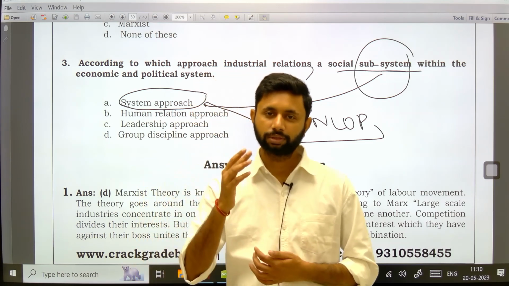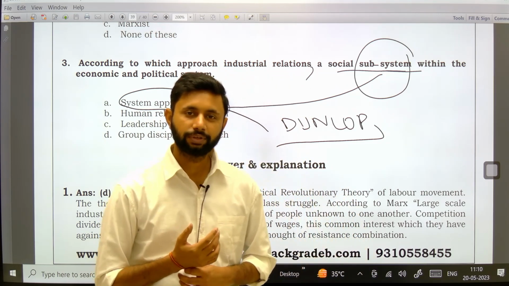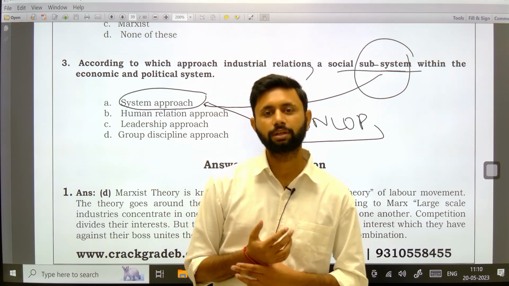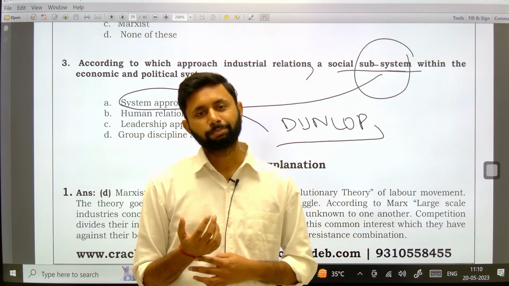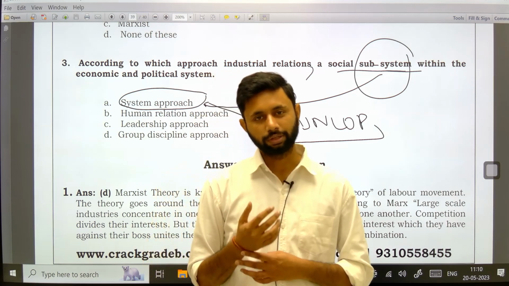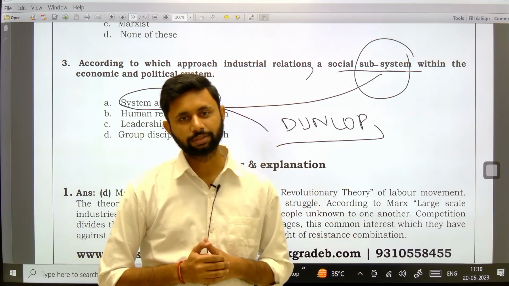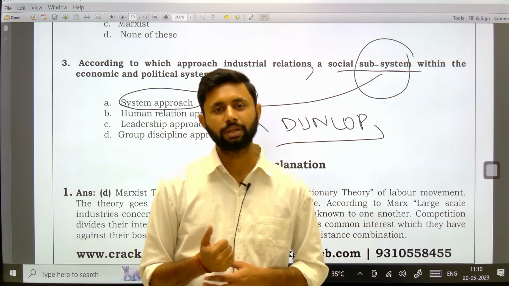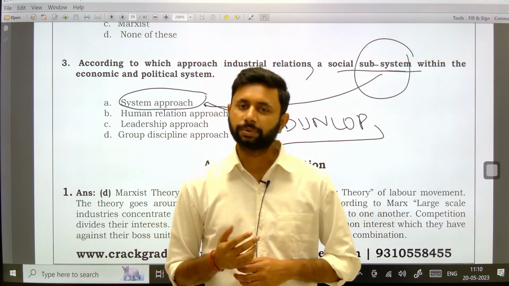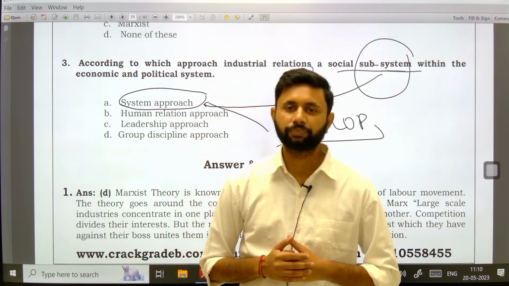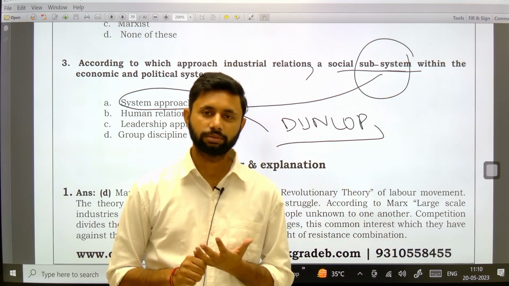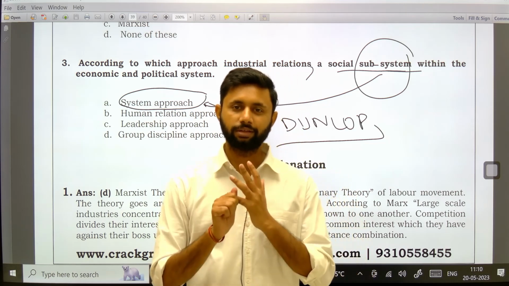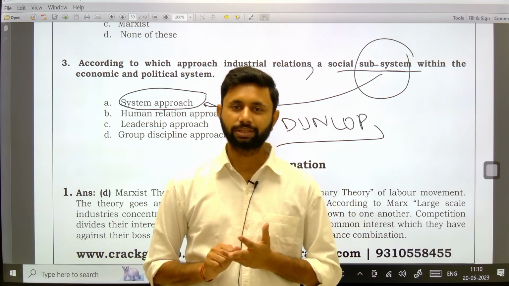Then we talked about the causes and objectives of industrial relations, and various definitions. Then we saw the impact of bad industrial relations and its causes, and last but not least, the various approaches to industrial relations. In approaches, we started with the psychological approach. Just learn the scholars and the basic understanding.